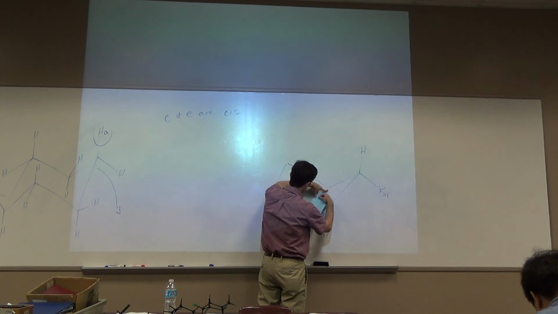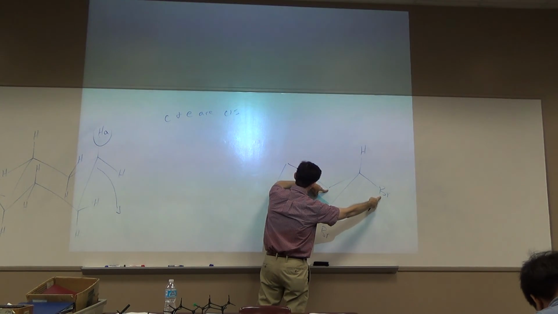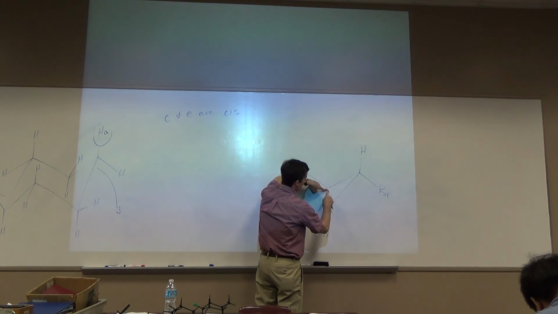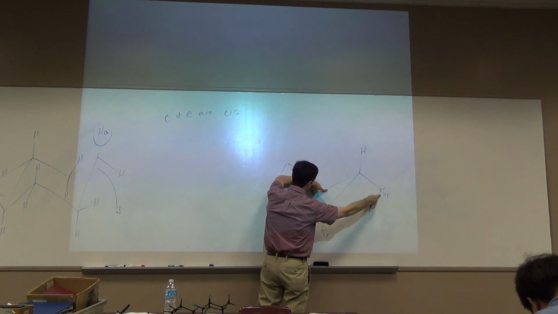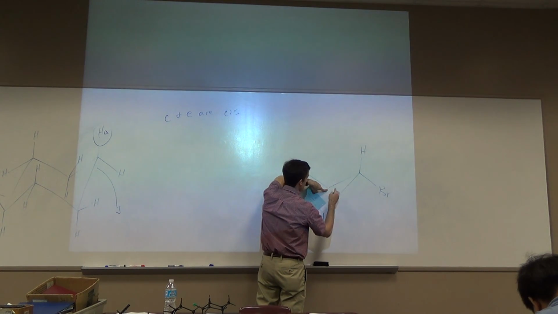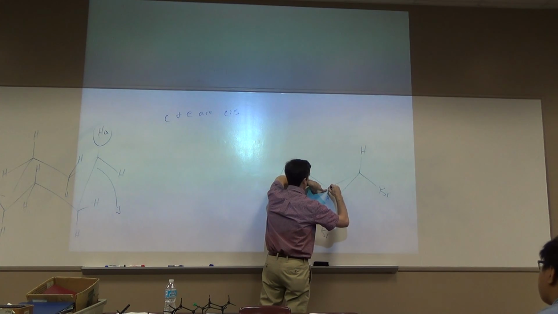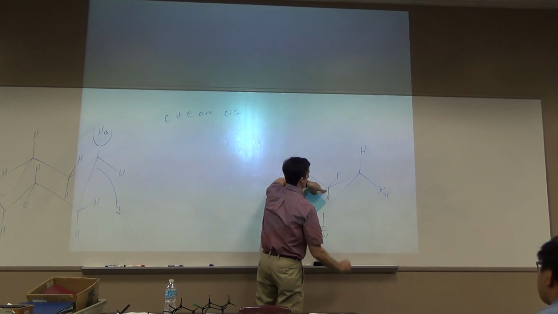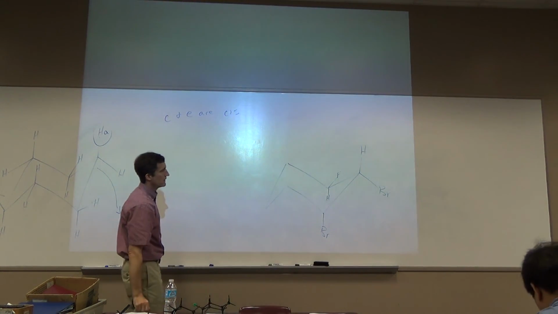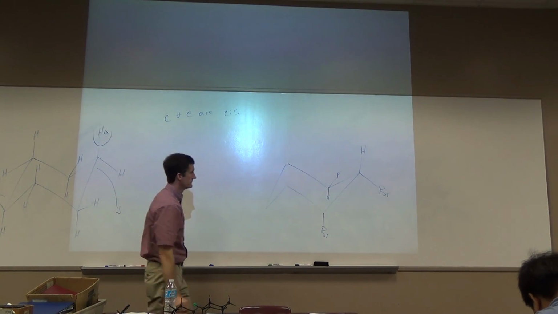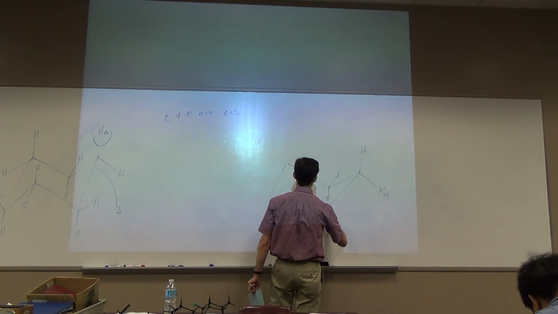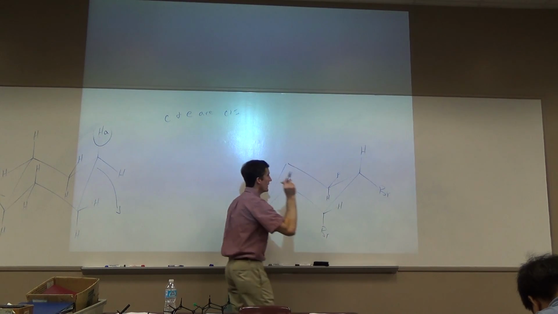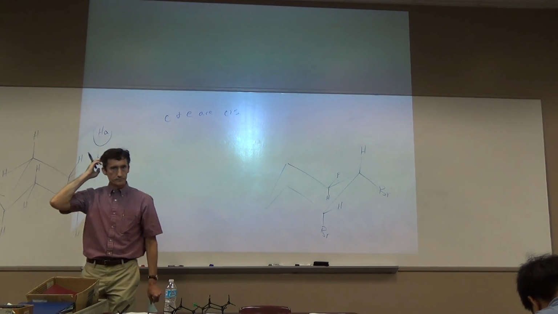So this is actually the bromine that's in between the two groups. Does the fluorine go axial or equatorial? Equatorial. Yep. Well, it's going to be trans to this one. Trans would be cis. There we go.